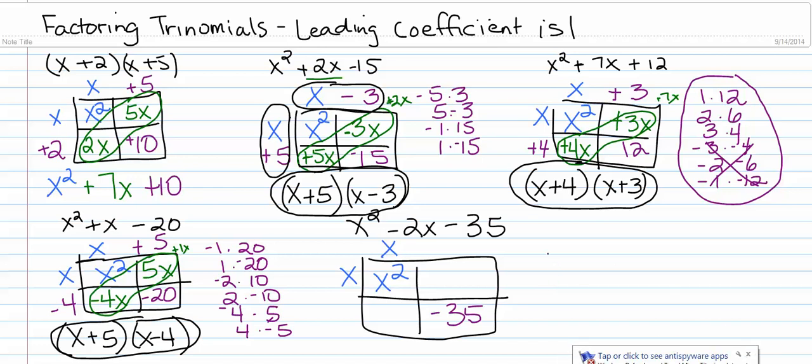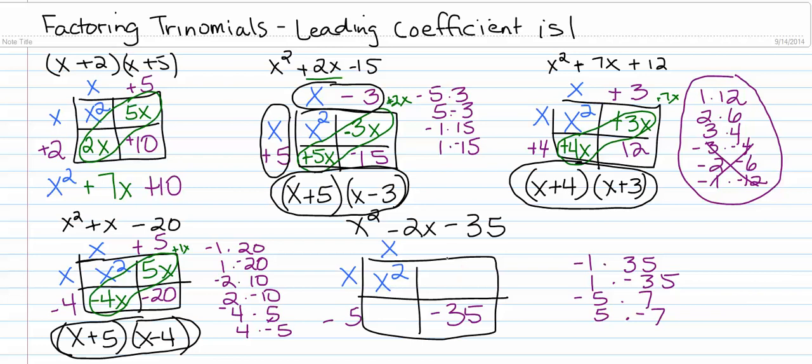Well, that would be negative 1 times 35, 1 times negative 35, negative 5 times 7, 5 times negative 7. And I'm just going to start with the negative 5 and the positive 7.